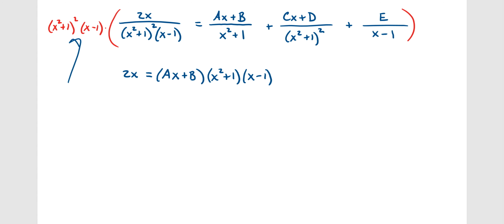And now for the next one, plus cx plus d, so put parentheses around that. The x squared plus 1 squared will cancel, so we're just left with x minus 1. And then lastly for e, the x minus 1 cancels, so we're left with x squared plus 1 squared. Okay, so already you can probably tell that this one is messy.